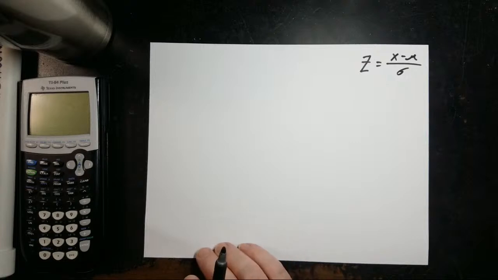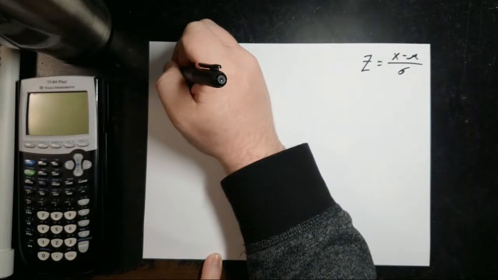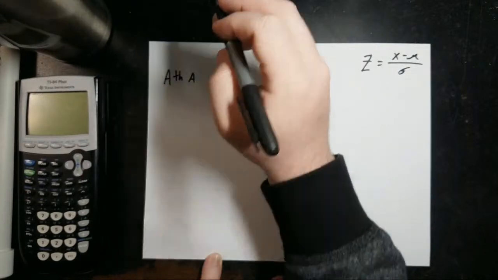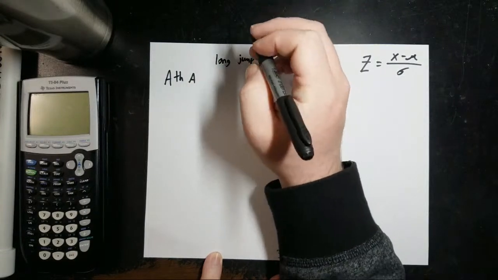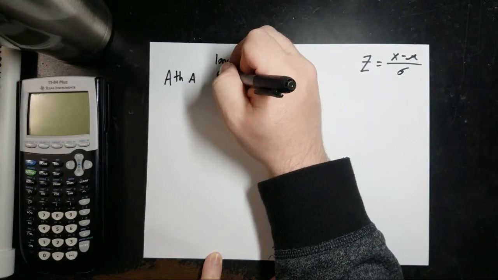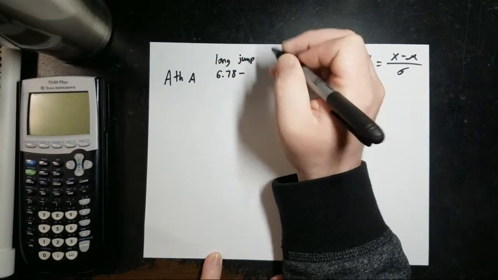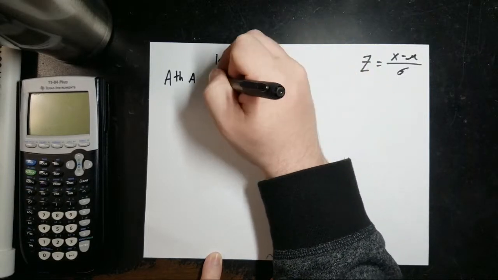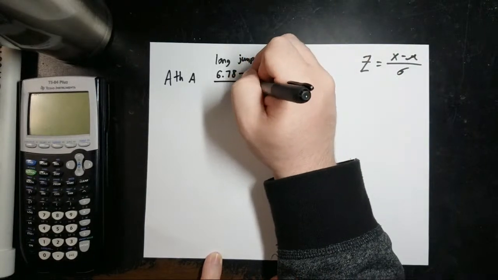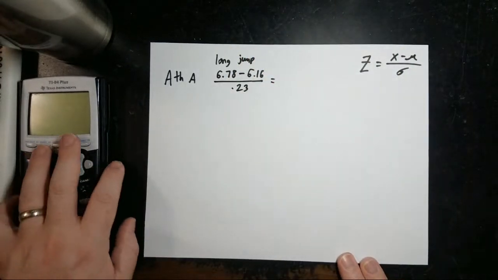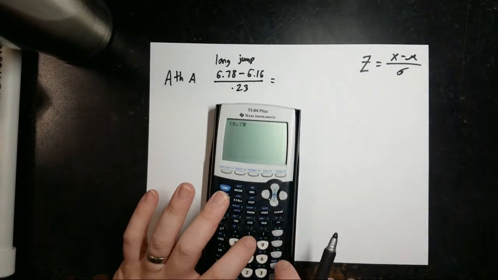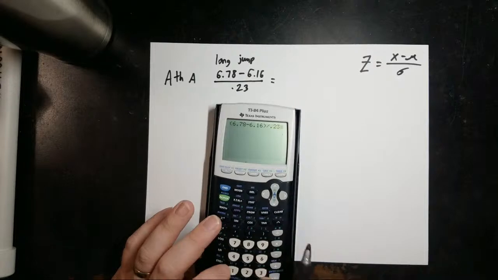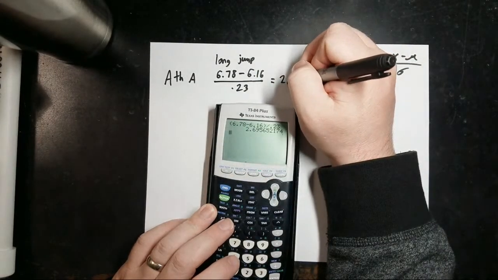So, if I'm looking at someone like athlete A in the long jump, let's just compare long jump. Athlete A's data point was 6.78, the average was 6.16, and the standard deviation was 0.23. If I were to do this calculation, boom, approximately 2.7.